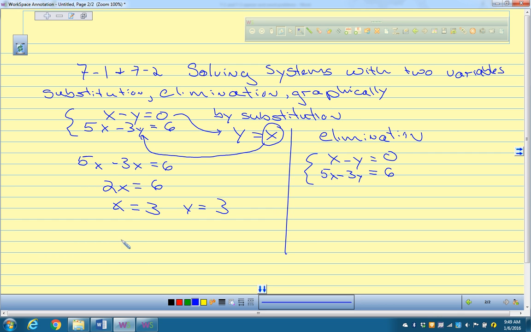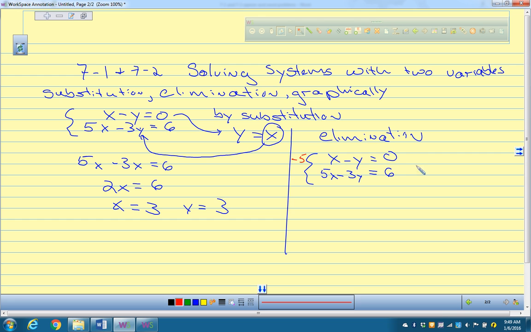Multiply the top by -5. -5 would work, or -3, right? I think I like your -5 or the -3. But it doesn't really matter, right? Anything that's going to make the x's go away or the y's go away.